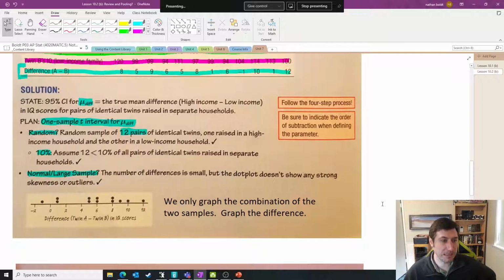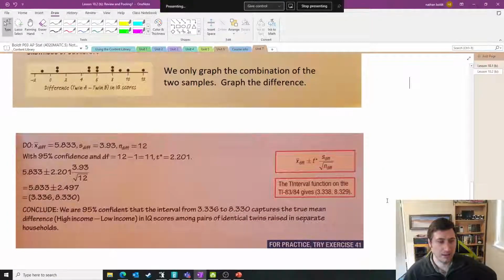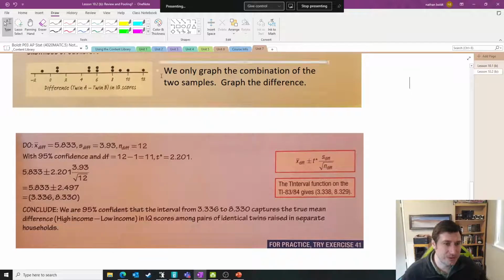Well, now that we're allowed to do this, we're going to do the one sample t-interval. Now, there's many ways to do this. The book shows its work all the time. Now, I will say, you do need to be able to recognize all the parts of a confidence interval, okay?